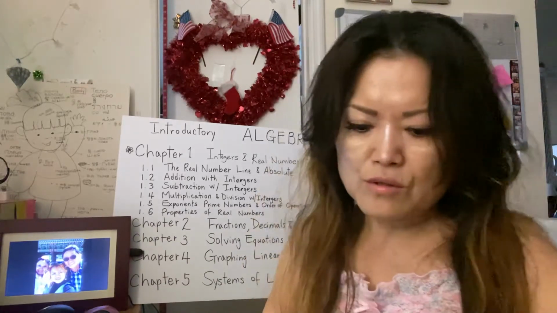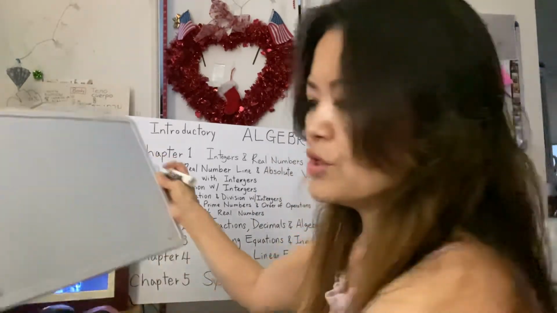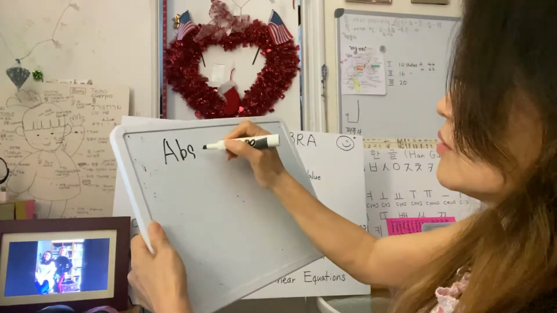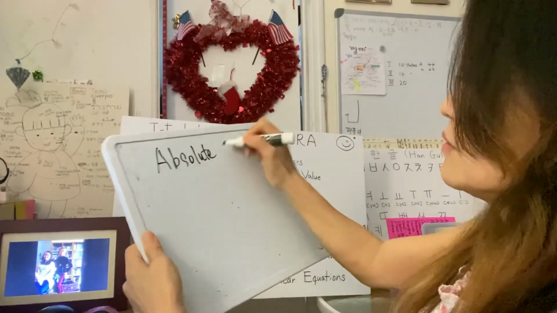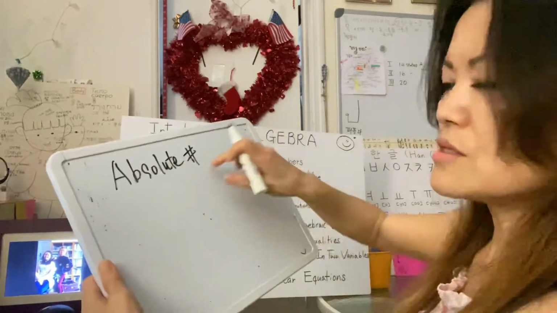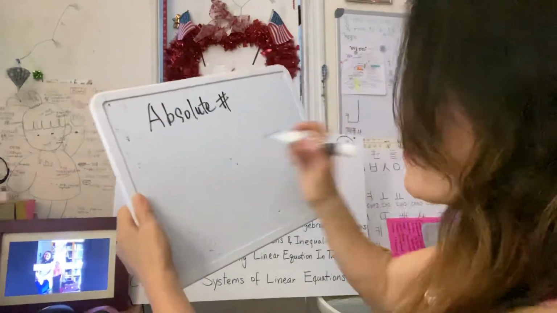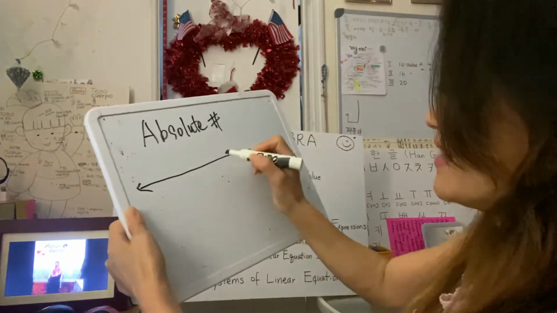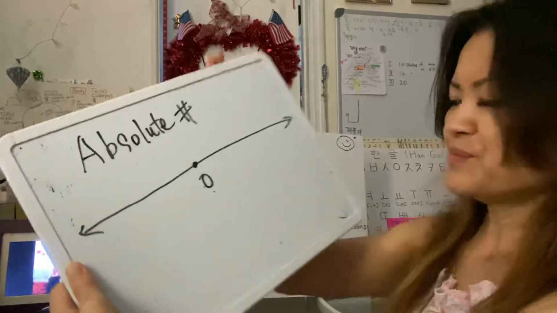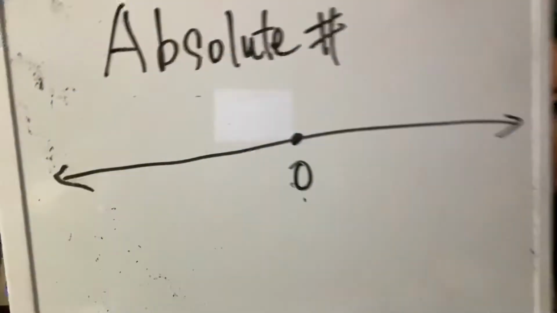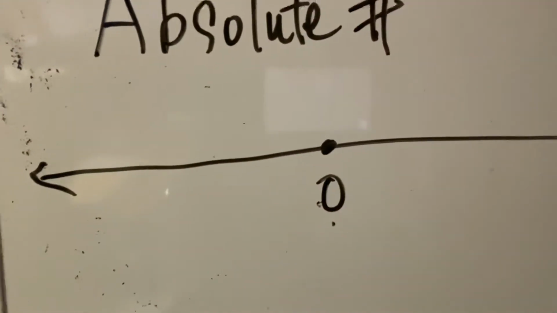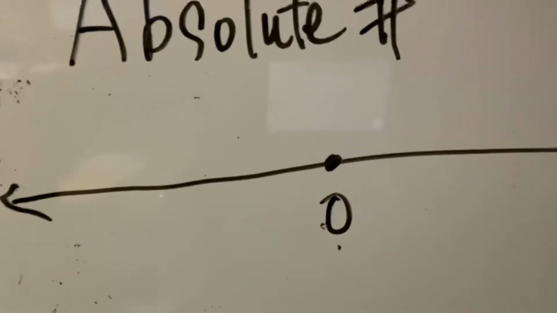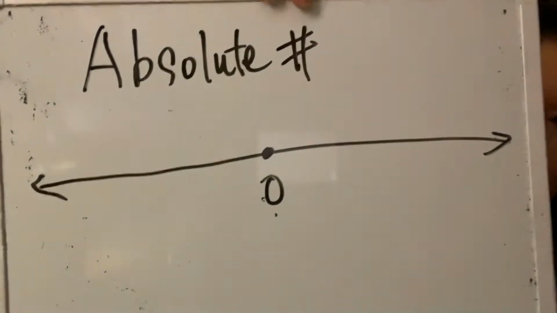Okay, so I'm going to draw the number line. I'm not going to write a horizontal line; it's going to be a number line. Here, 0. Got it. Absolute value means you have to think about the distance from 0.